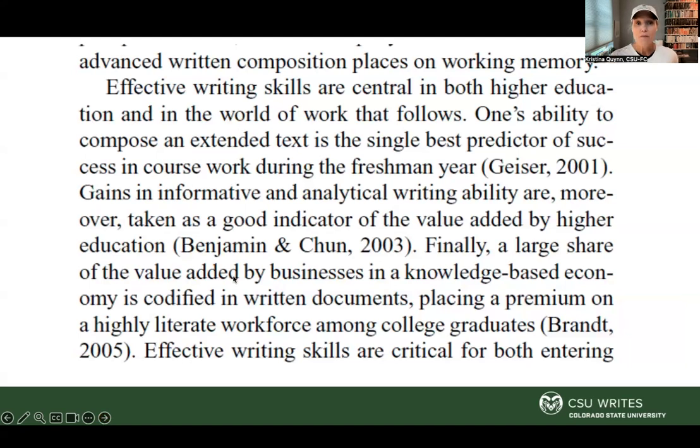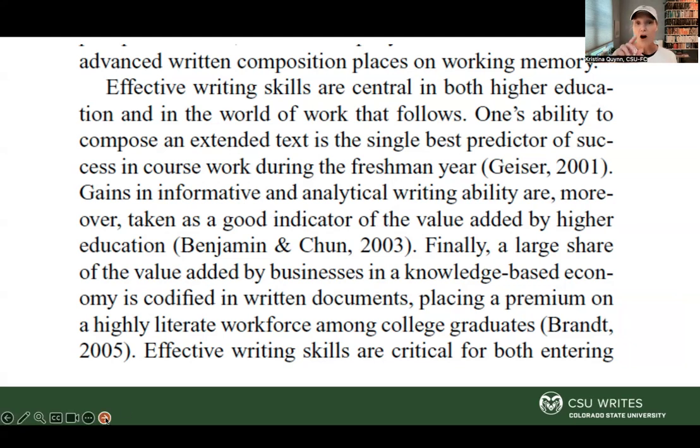What I like about this model is that it moves smoothly from one idea to the next. And we're talking about effective writing skills. We're talking about how it is that those writing skills can predict success, and that the gains in ability are an indicator of the value added by higher education, and that the value added by businesses in a knowledge-based economy, in written documents, is necessary for us to understand.